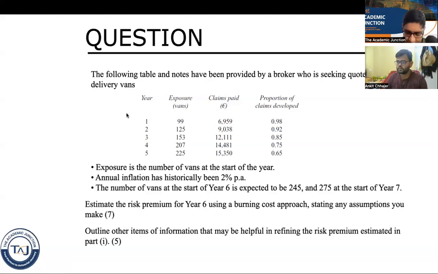If you have any questions during the solving also, please feel free to ask. I can answer immediately.